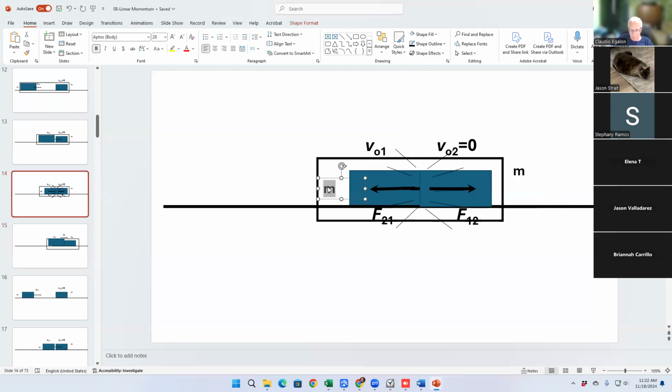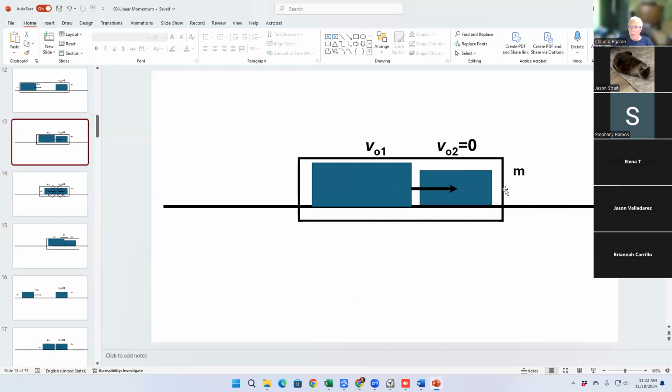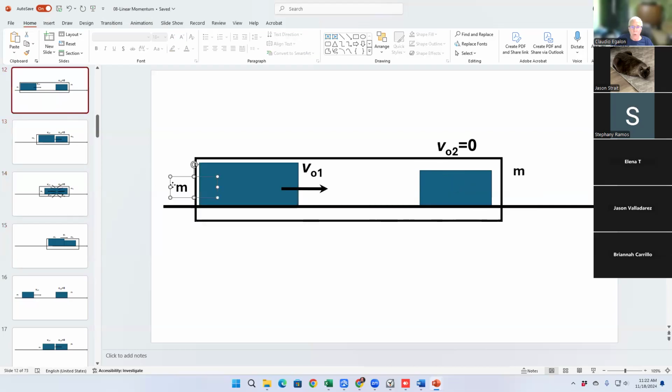M1, M2. One is M1, the other is M2. Like that. M1, like that, go. M2.